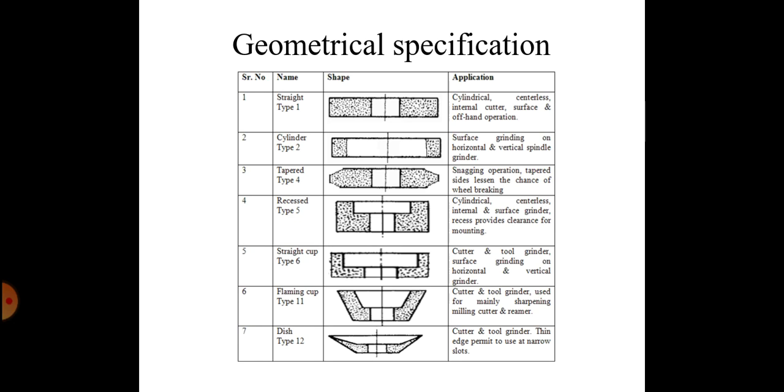This is the geometrical specification of the grinding wheel. Here different shapes of grinding wheel are shown. The first type is a straight type.